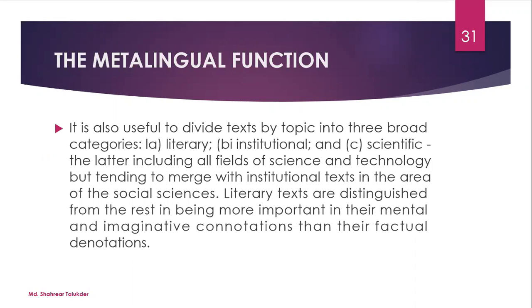But in literary text, we can deviate from the denotative meaning and we can mean many things using the same expressions. Right? So metalingual function actually will help us to identify whether it is a literary text, an institutional text, or a scientific text. So that will help us in that.